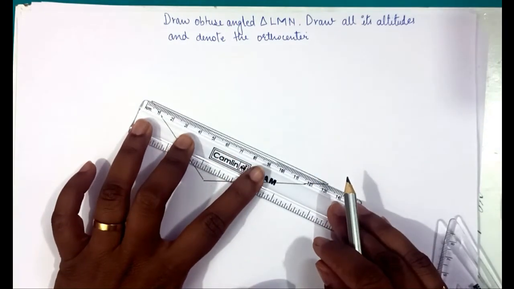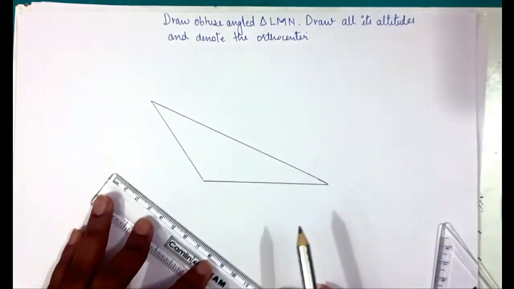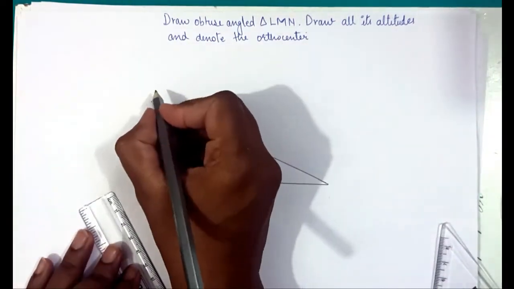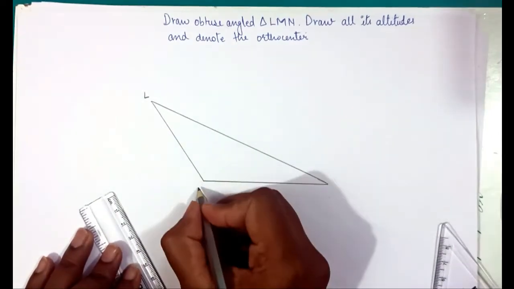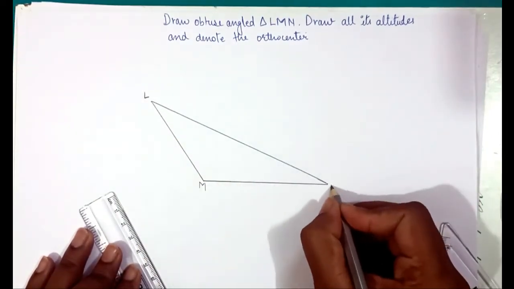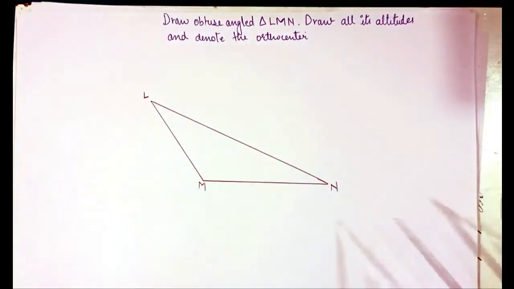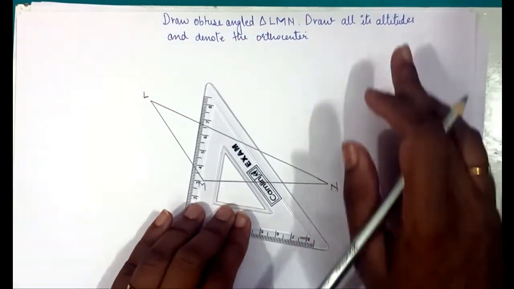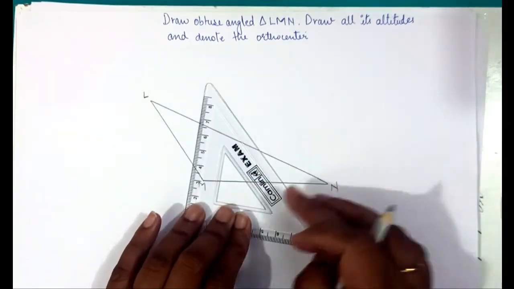Correct, children? So our obtuse angle triangle is L, M, N. Now we have to draw the altitudes, all the altitudes.